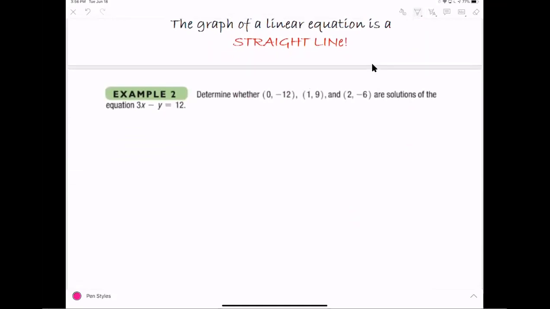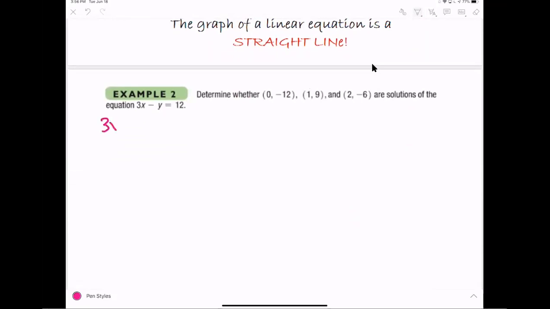when we graph and we plot points, the points that we graph are what we call the solutions to the equation. So if I have 3 points or ordered pairs and I want to know if they're solutions, what I'm going to do is substitute my x value and y value into the equation.